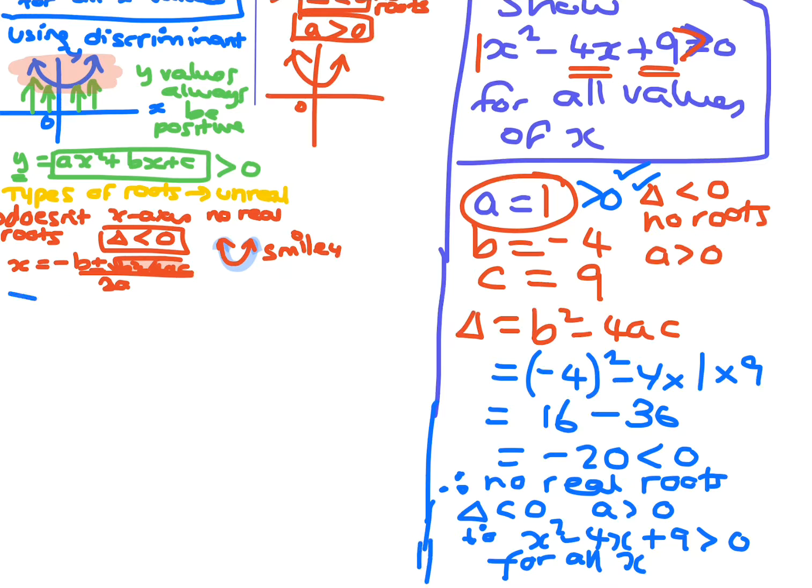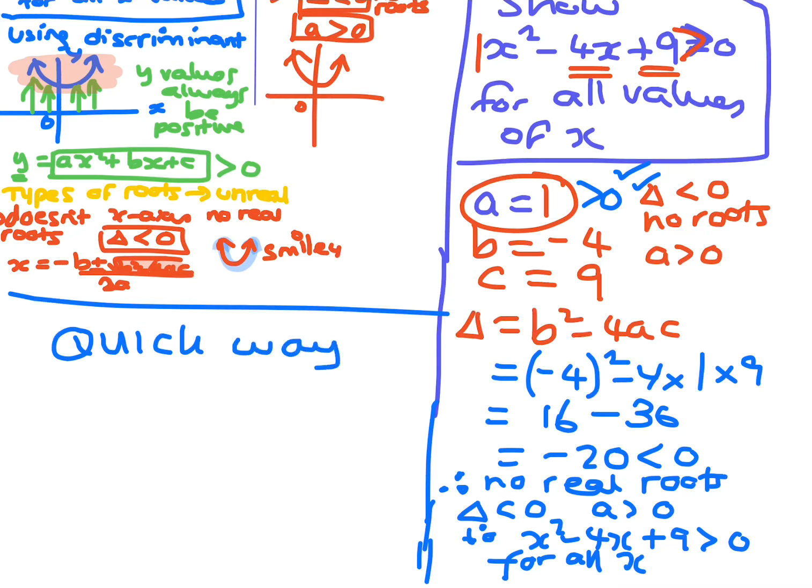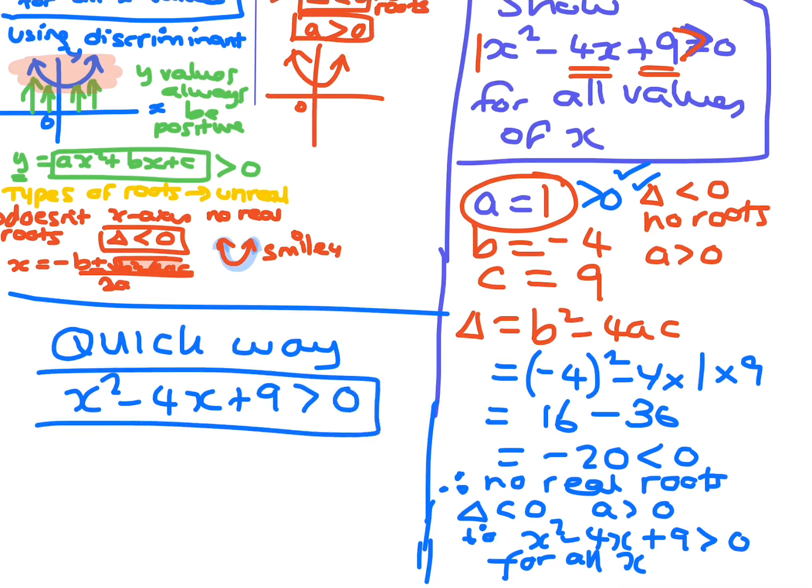Now, I do have another way, a quick way that I believe you could also use. You could do a really quick sketch of that parabola by looking at the first two terms and completing the square. So you halve the 4, then you get 2, then you square it, and you get 4.